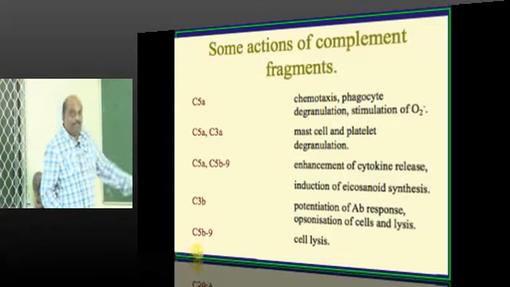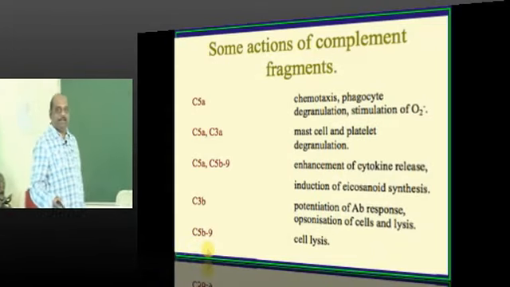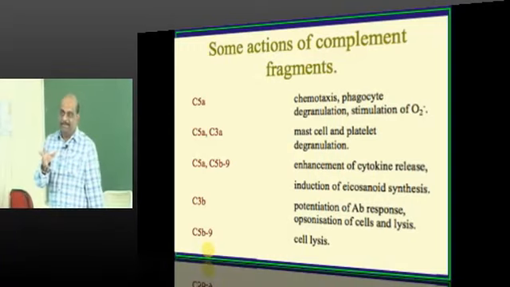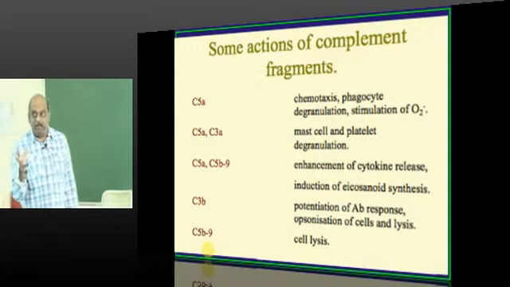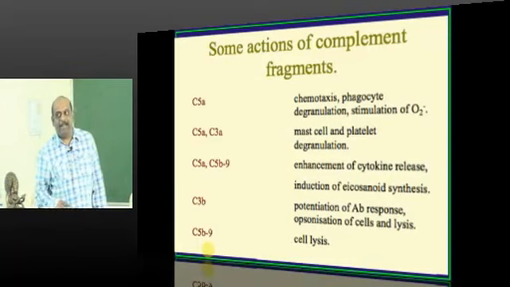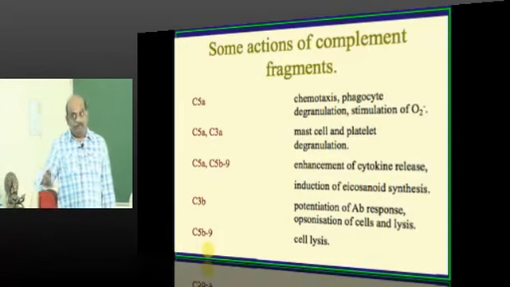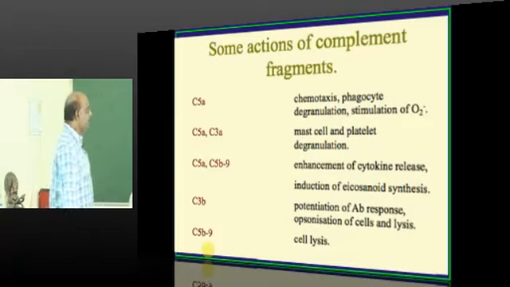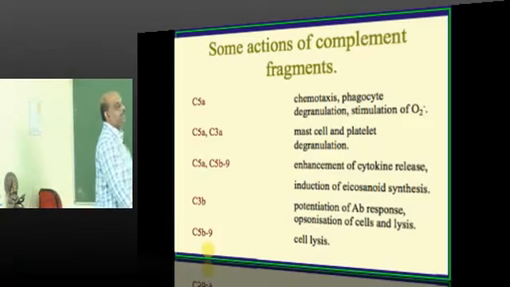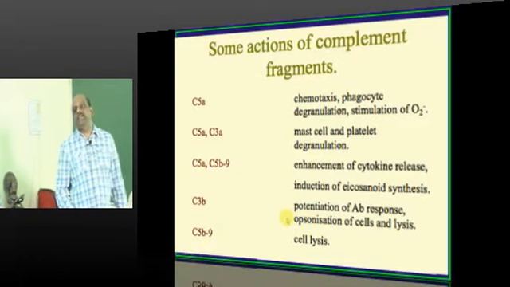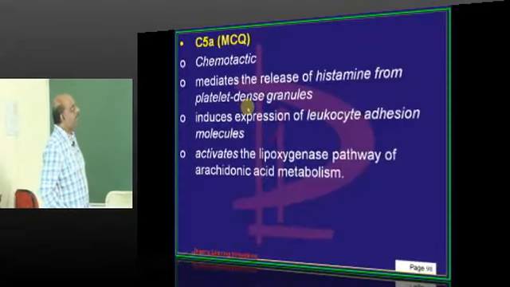So, suppose C5b9 is not there, what will happen? Capsulated organisms like pneumococcus, Neisseria, their membrane can't be attacked. So, their infections become florid. Then C3b is responsible for opsonization and potentiation of the antibody response, are all the main functions.